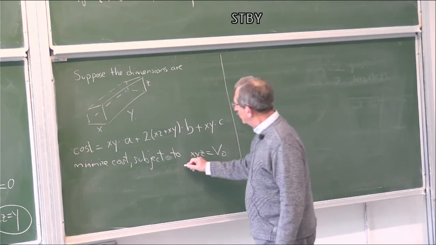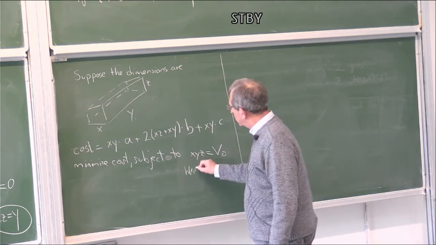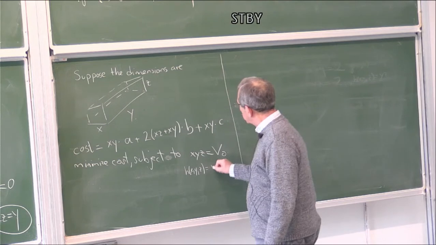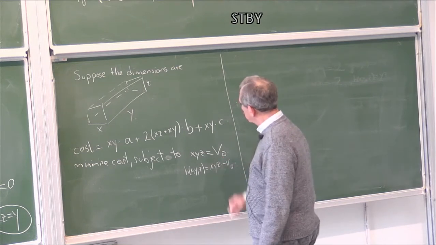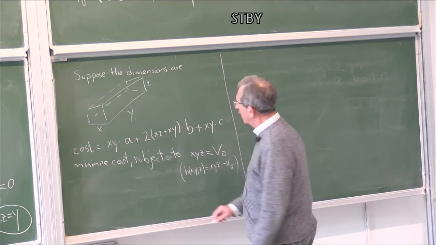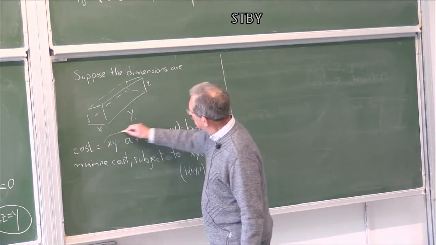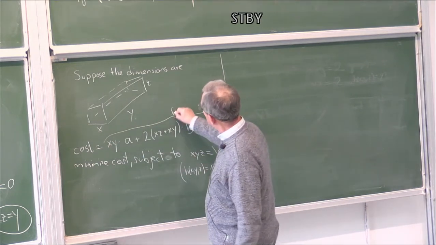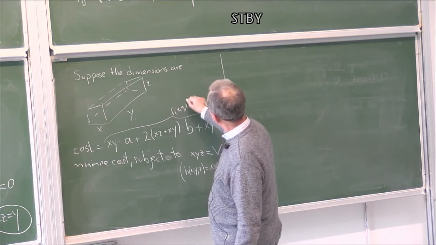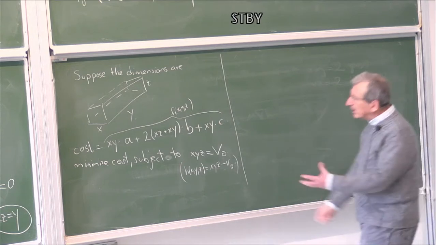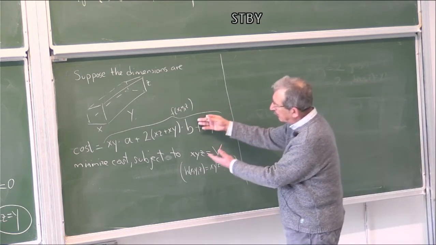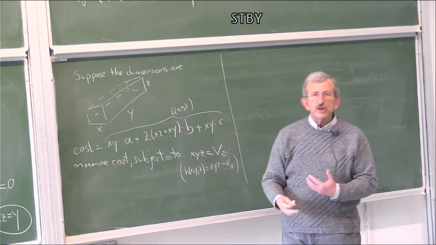We can say h(x,y,z) is xyz minus V0, and you can call this f(x,y,z). So we have one condition and a three-variable function.